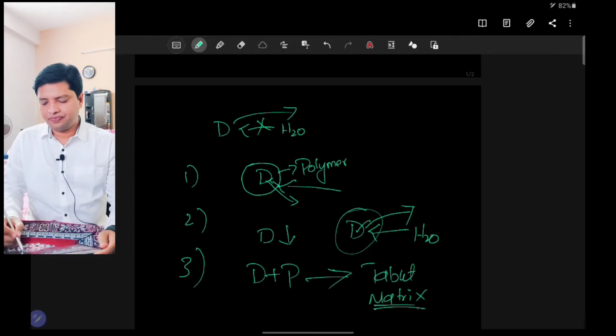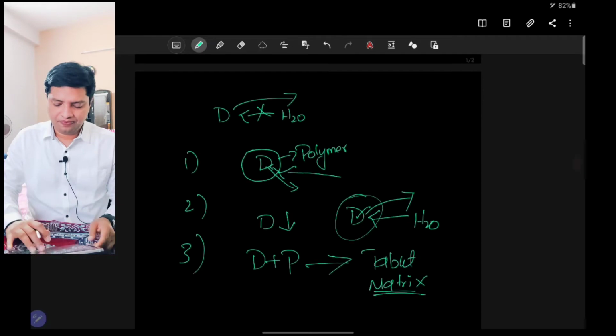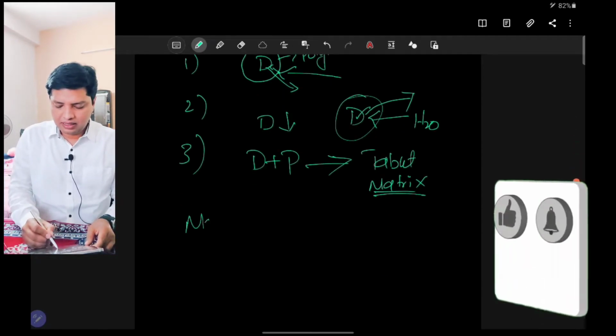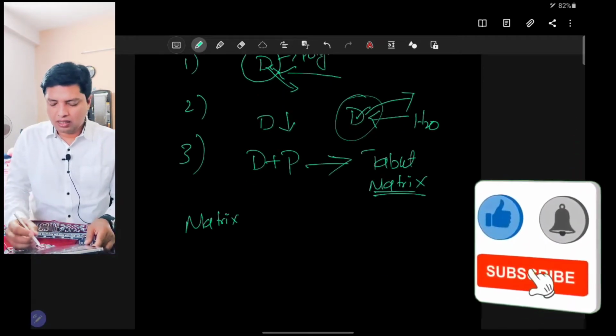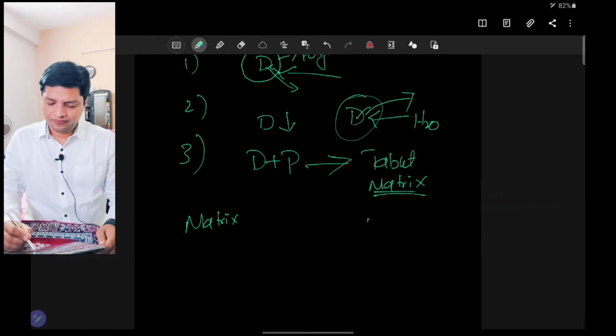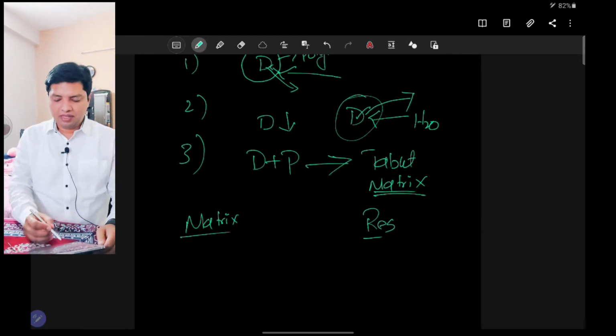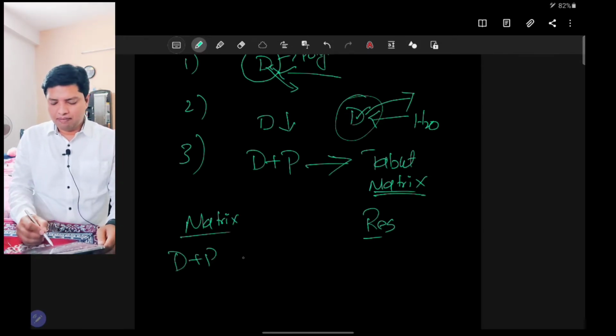Matrix system means, remember, here we have two systems. One is matrix, the other one is reservoir. Matrix system means you take drug, you take polymer, mix well, then punch into a tablet.